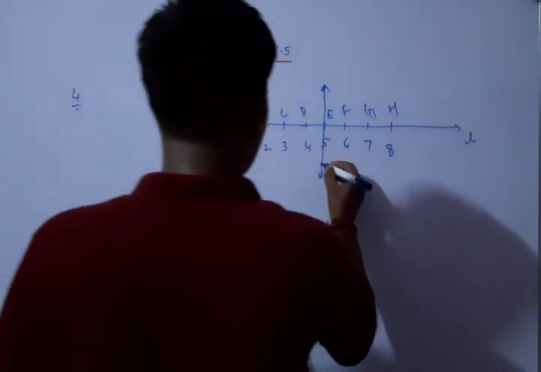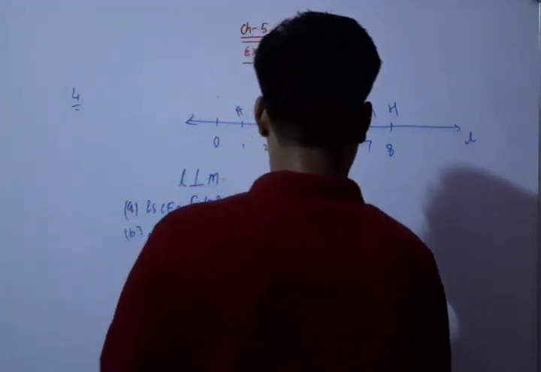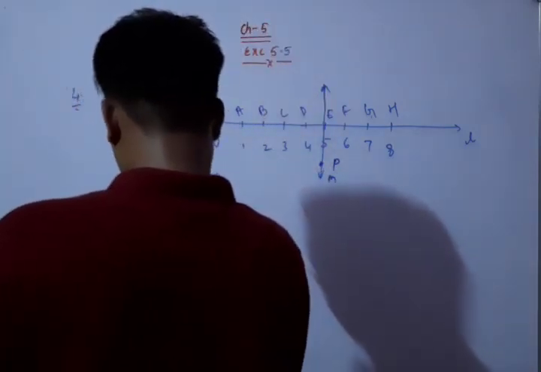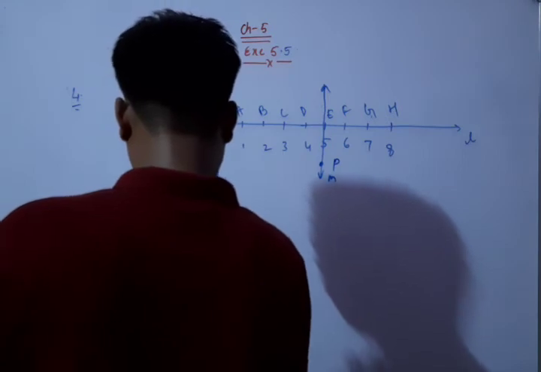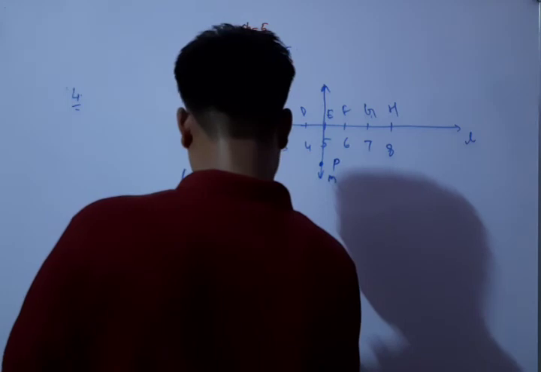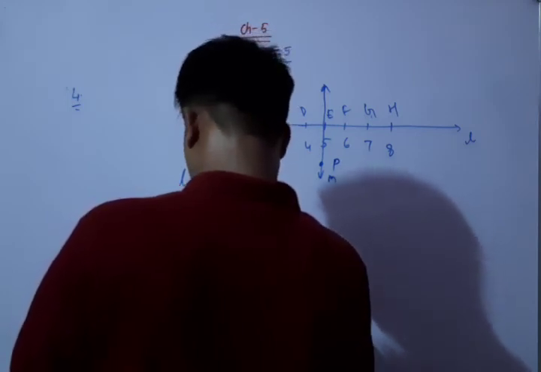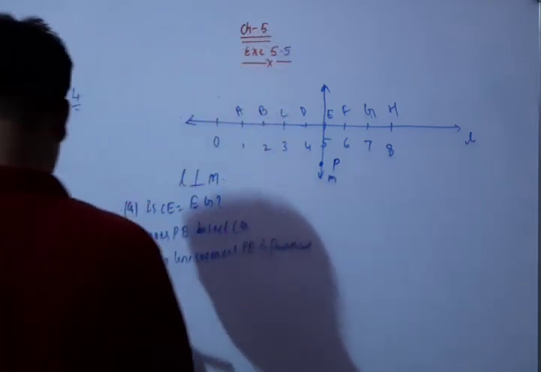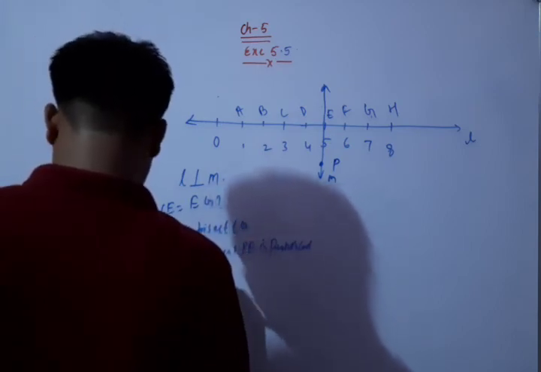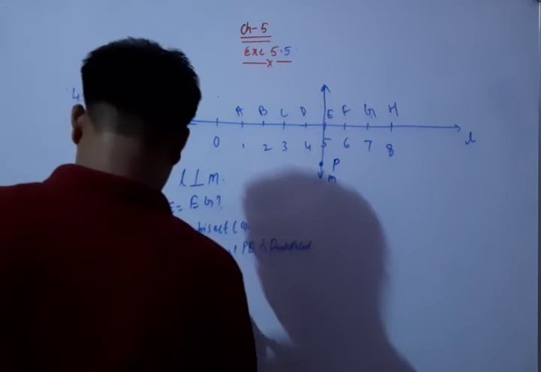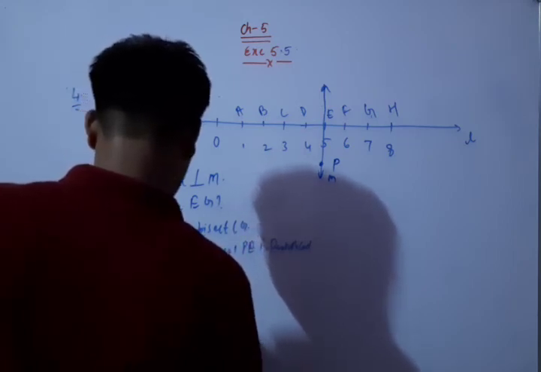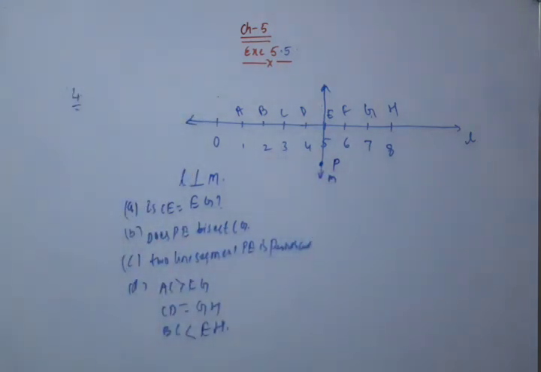This is P. D: is AC greater than FG, CD equal to GH, BC less than EH? These are the four questions.